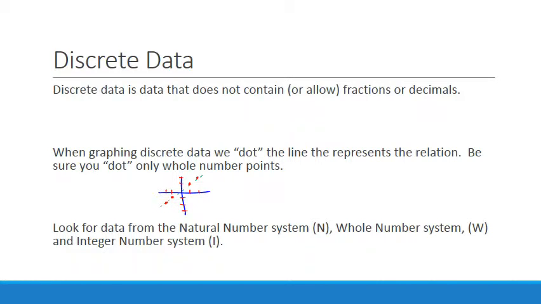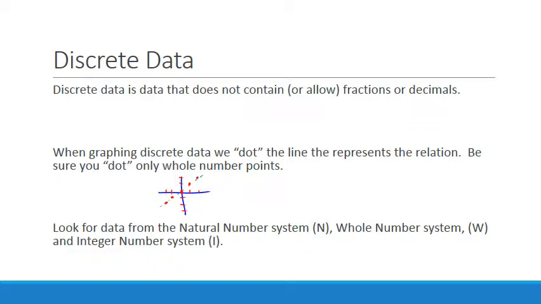I guess I missed this guy here. The dot was supposed to go in the origin. All the whole numbers. So the distance between the dots does not exist. The fractions and the decimals would be between the dots. In a discrete data question, those don't exist, so we are just stuck with these dots.